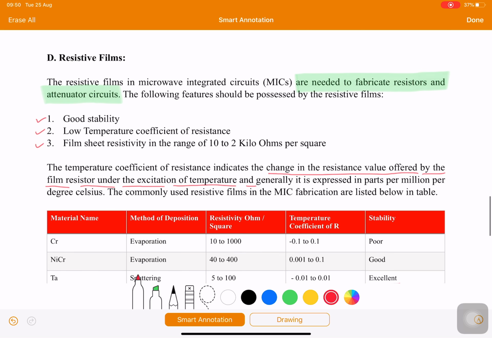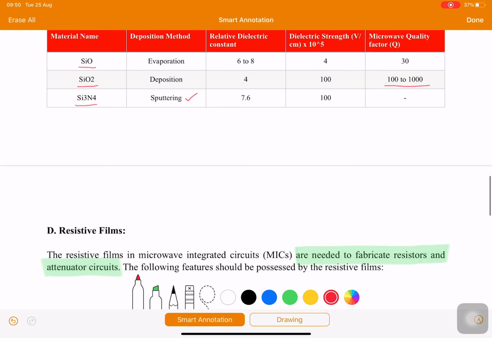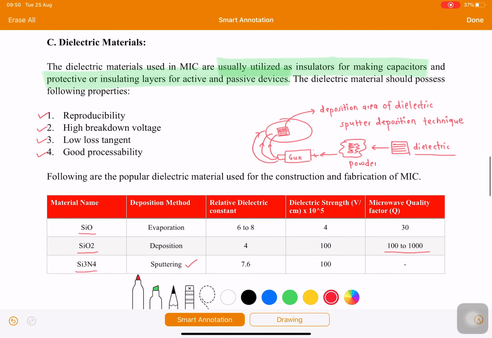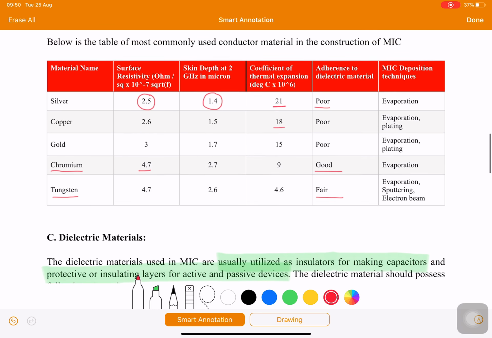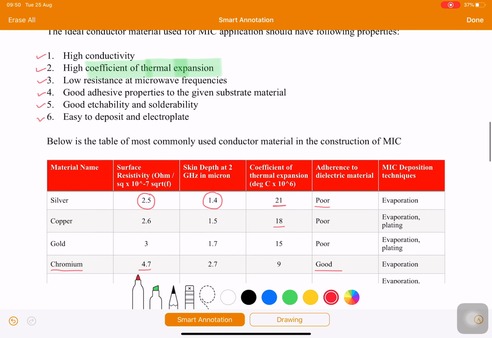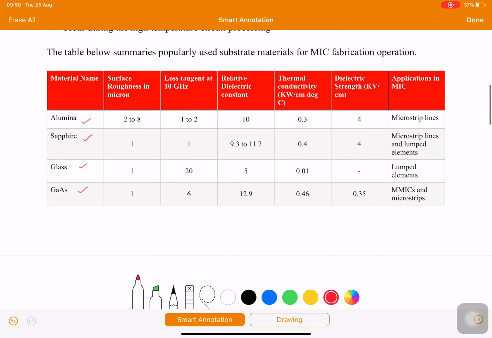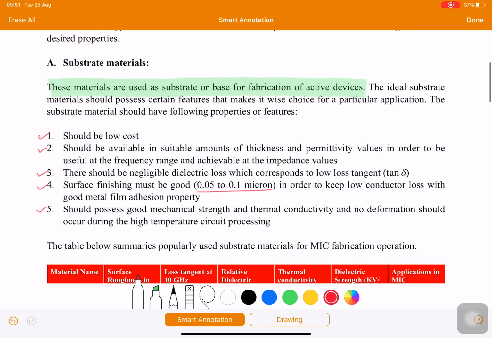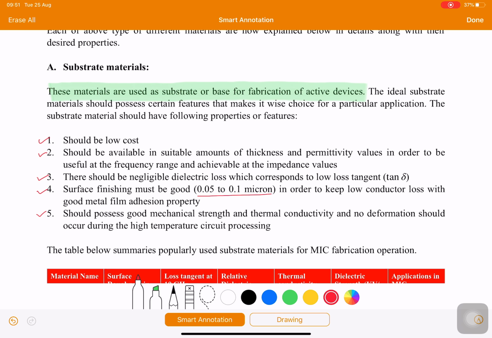So these are the different types of materials which are used in the construction of microwave integrated circuits. We discussed the very first material, the substrate material, which is basically utilized for the fabrication of active devices.